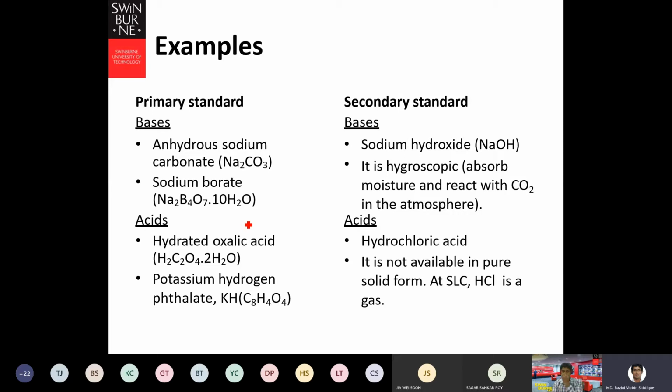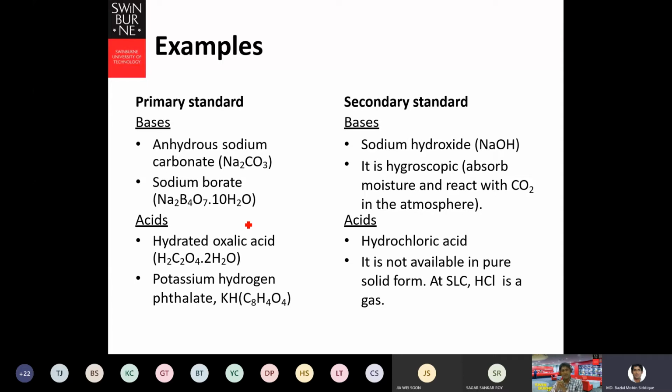This is also a primary standard. Although there are 10 water molecules, they are very stable. The water does not go out or evaporate easily, and it does not take more water in easily. That's why it is a standard.